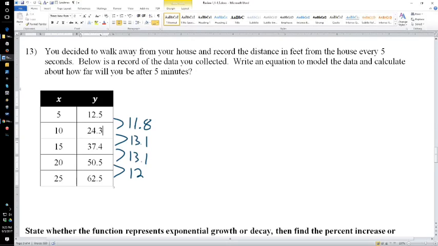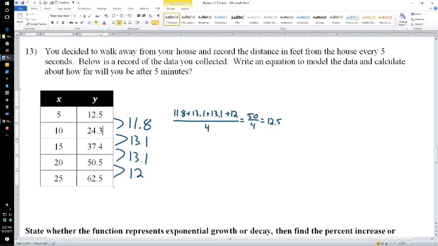All right, so let's add them up. 11.8 plus 13.1 plus 13.1 plus 12, divided by 4 of them. That is 50 divided by 4. Well, that should be 12 and a half. Make sure. Yep, 12 and a half.